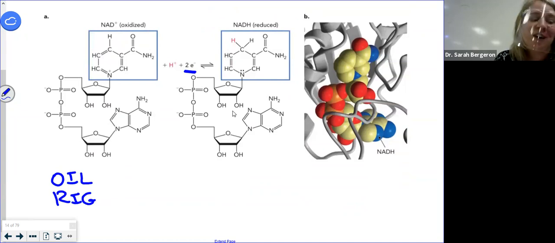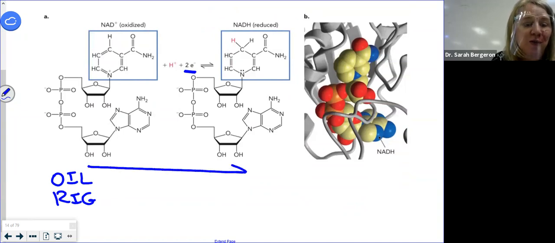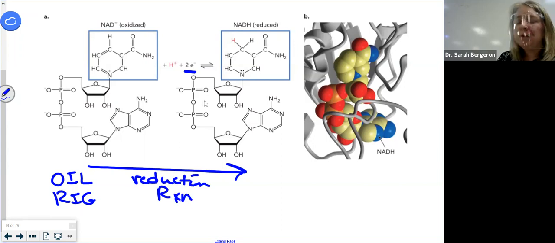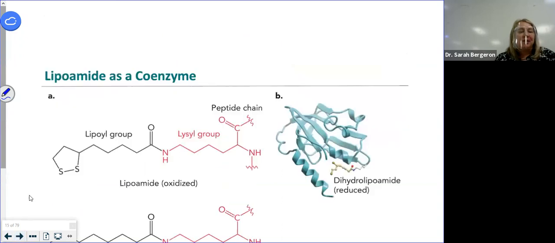Oxidation is loss, reduction is gain of what? Electrons. So what's happening as we go from here to here? Is this an oxidation reaction or a reduction reaction? It's a reduction reaction. And so we're going to see this a lot of times, but if you don't have an electron carrier, even if you had the enzyme, the process isn't going to happen. So you need this cofactor in order for all of these reactions to occur.